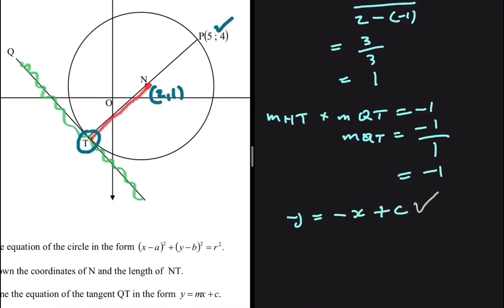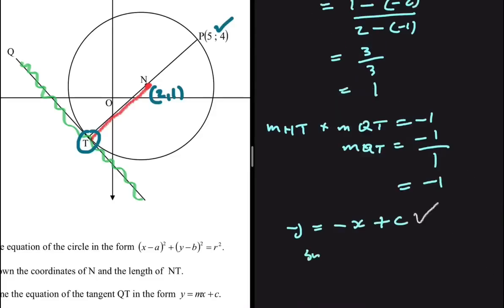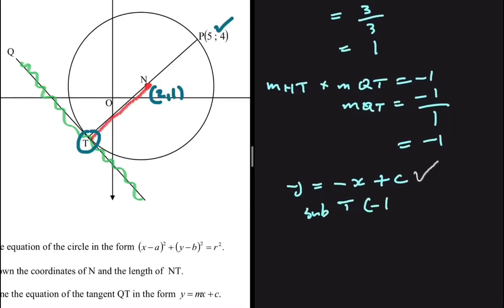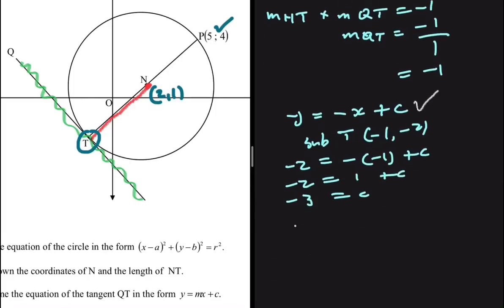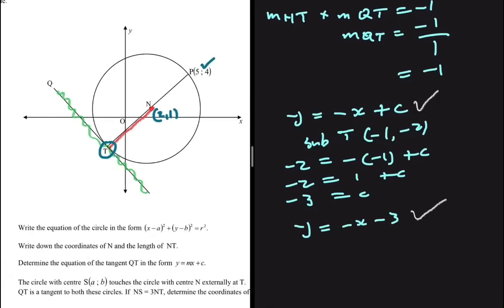Now we just need to find c. We're going to substitute T's coordinates, minus 1 and minus 2. If we do that, we get minus 2 in place of y and minus 1 in place of x, plus c. So minus 2 is equal to 1 plus c, minus 3 is equal to c. So now we have y equal to minus x minus 3. And now we have the equation of QT.